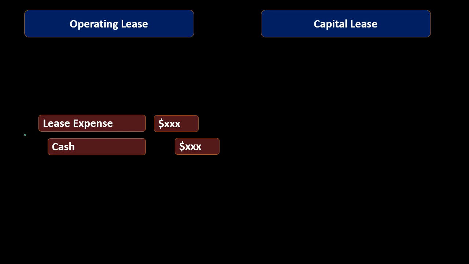Meaning, and we'll take a look at more of the conditions, if the lease is set up in such a way that we make payments equivalent to the purchase price of the property that we're buying, and we're guaranteeing to make those payments, and the payments would look very similar to what they would be if we were to just buy and finance the equipment, then we could say, well, it looks like you set it up as a lease, but in actuality, your contract is very similar to one that would be there if you purchased it. And therefore, it looks to us more like something that you purchased, even though it's being set up as a lease.